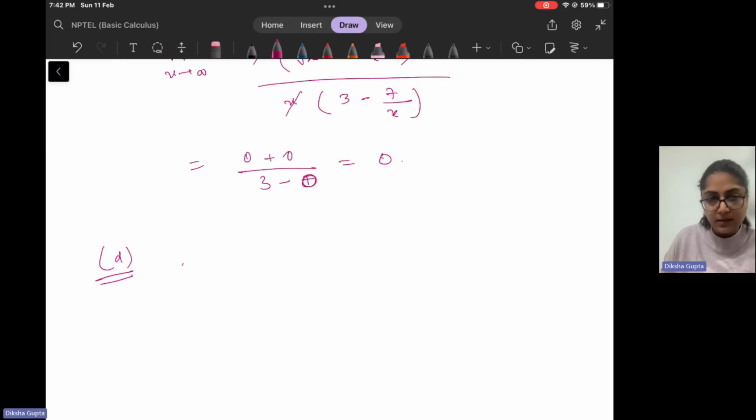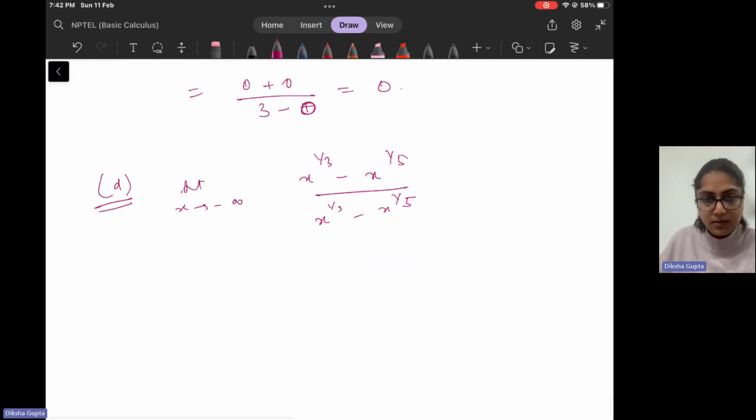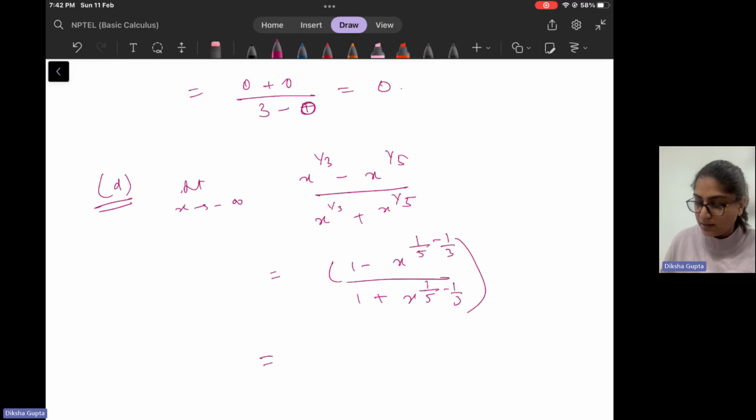Similarly, you can do it for minus infinity, all these questions. Limit x tending to minus infinity of x raised to power 1 by 3 minus x raised to power 1 by 5 upon x raised to power 1 by 3 plus x raised to power 1 by 5. Here we take out the highest power x raised to power 1 by 3 common: 1 minus x raised to power 1 by 5 minus 1 by 3, upon 1 plus x raised to power 1 by 5 minus 1 by 3.